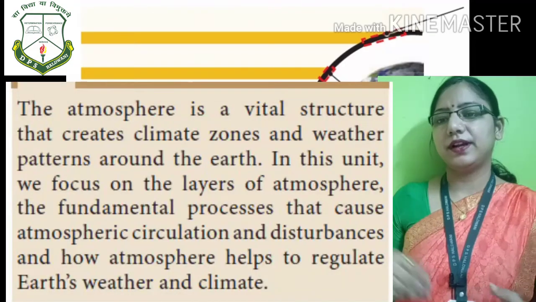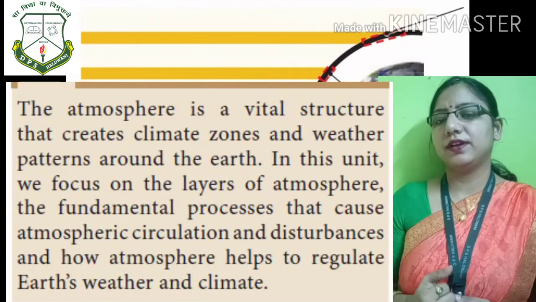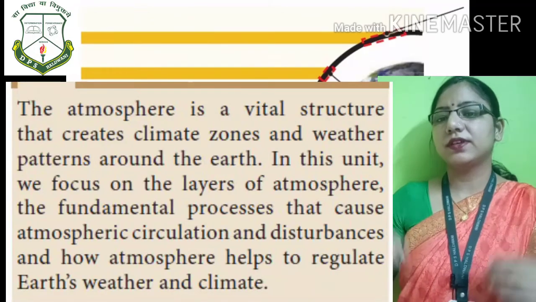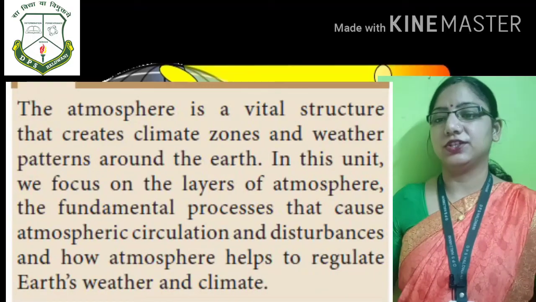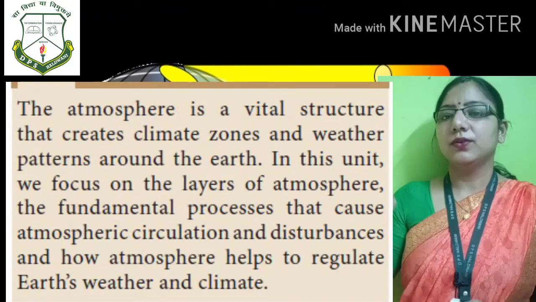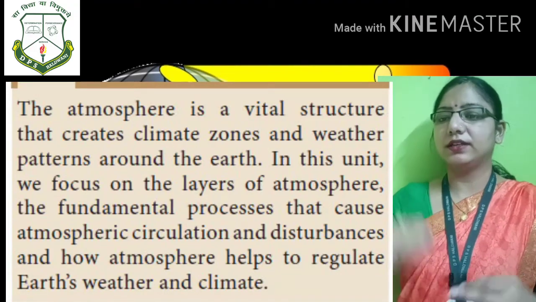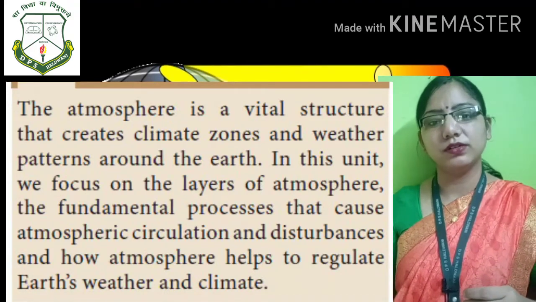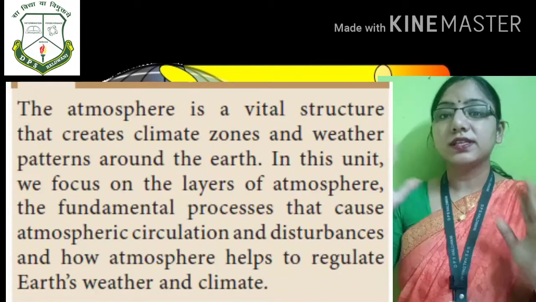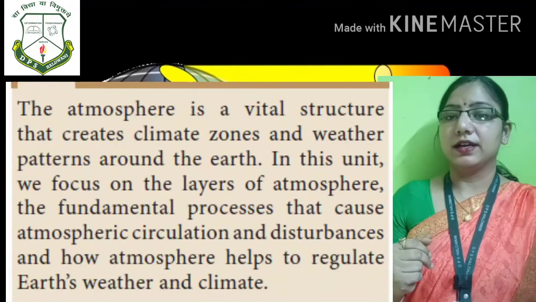Students, there is a fundamental process in the atmosphere which receives an amount of heat, and the heat received by different parts of earth is not the same at all areas.